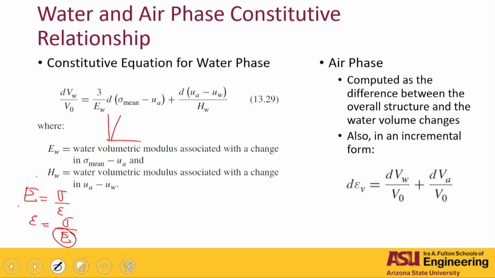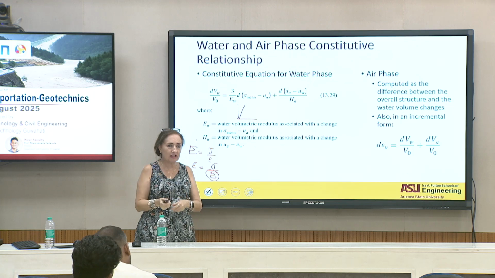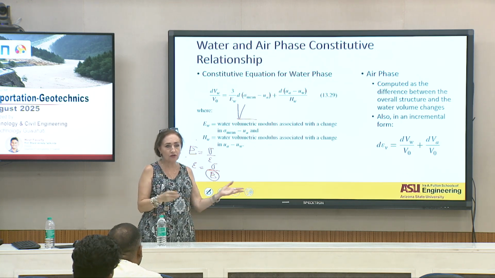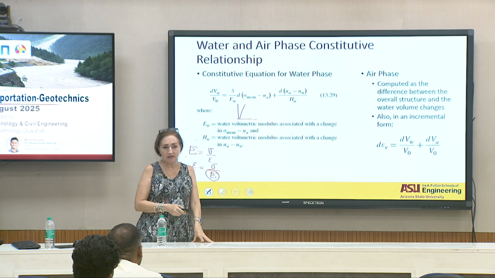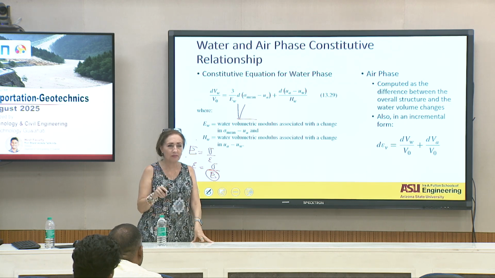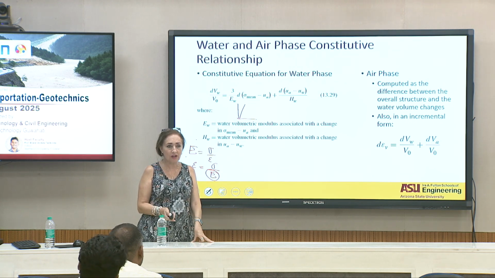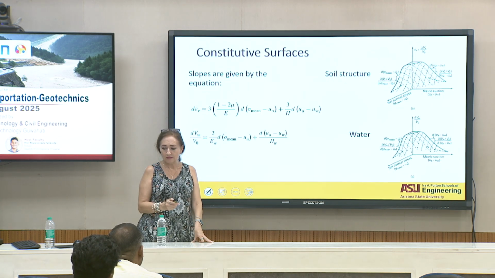People have done this with water, associated with different suction changes or net normal stress changes. But this is Henry's law, so the values are available. You can see the values all over the place in tables, so that's what I think we'll use. I can bring that over, I could find those.